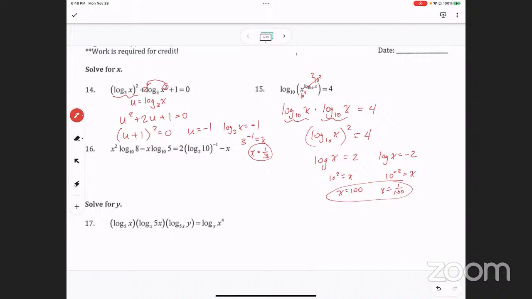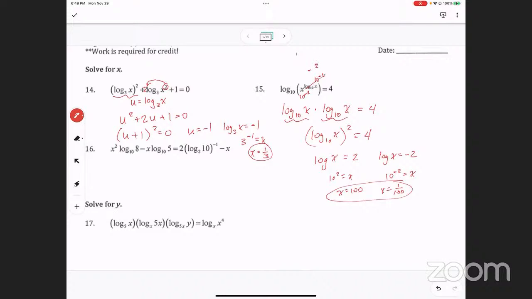Or I'm sorry, that's 10 to the 4th. That whole thing would be 10 to the 4th. And log base 10 of 10 to the 4th is just 4. So that did work. You follow how I'm doing that? 1 over 100. If I plugged in 1 over 100 or 10 to the negative 2 in both places, log base 10 of 10 to the negative 2 is just negative 2.